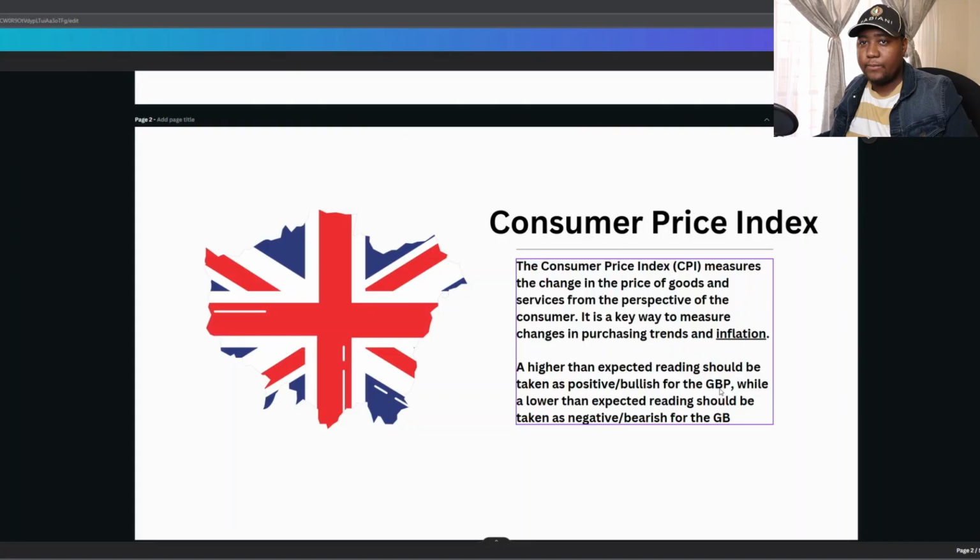Not the month over month, because the month over month is not as volatile or doesn't give you big moves like the year over year one. The year over year is very powerful. The average move of that is 50 pips within that second when it's impacted by the release of that news. I hope you understand it. Please write it down somewhere.